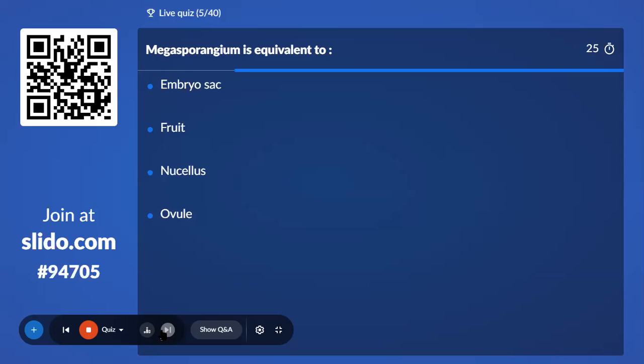Megasporangium is equivalent to option A, embryo sac, option B, fruit, option C, nucellus, and option D, ovule.